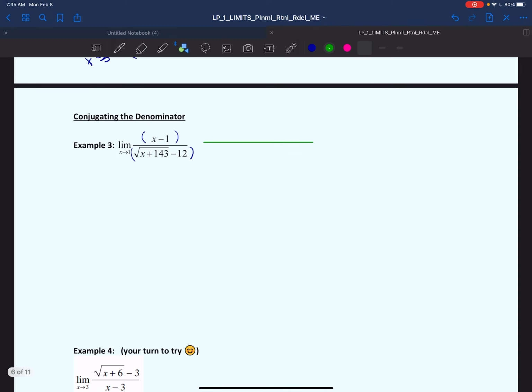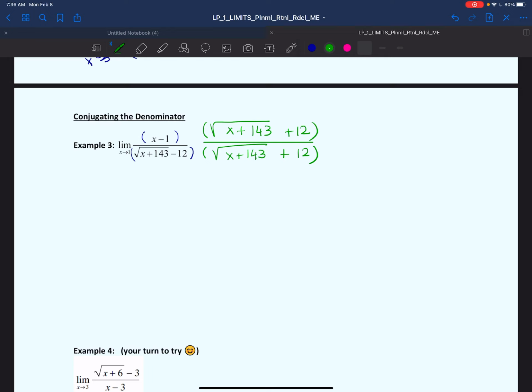The conjugate of the denominator is root of x plus 143. You see how you have a minus in there, so that's a plus 12. And root of x plus 143 plus 12 here again.